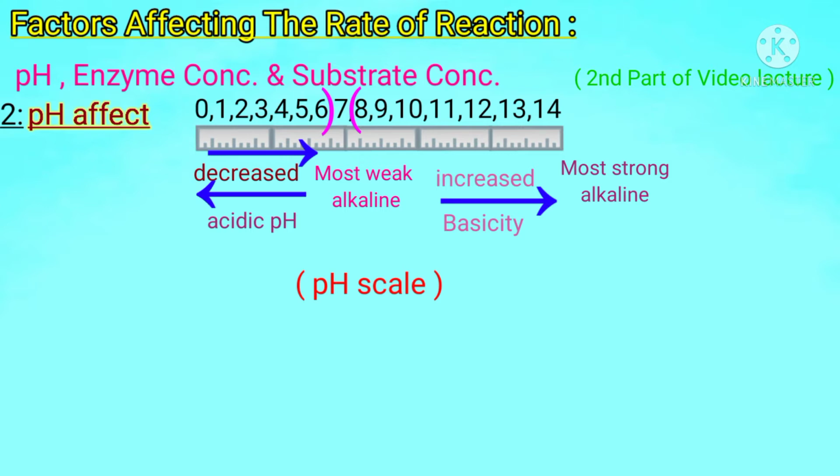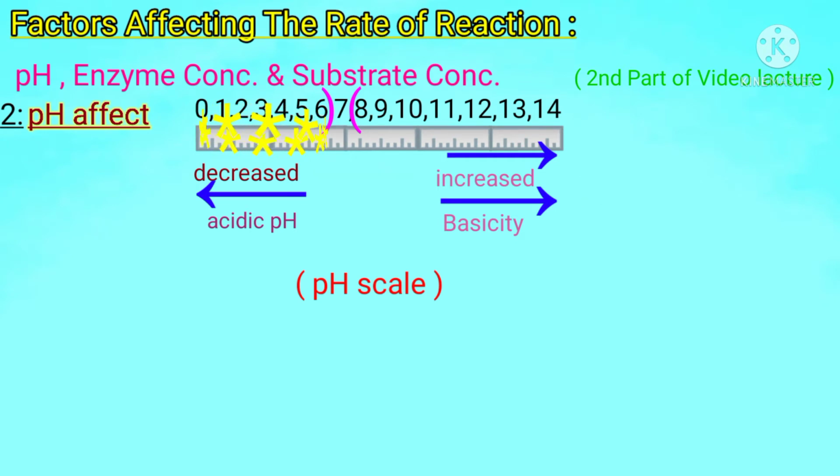But when the pH is increasing, then the substance is moving towards a more alkaline nature. So this has made our pH scale. Before the 7 there are acidic numbers, but after the 7 there are alkaline numbers. So in between acidic and alkaline numbers, the 7 is left, that is representing the neutral medium.